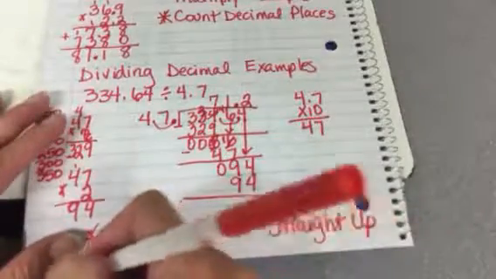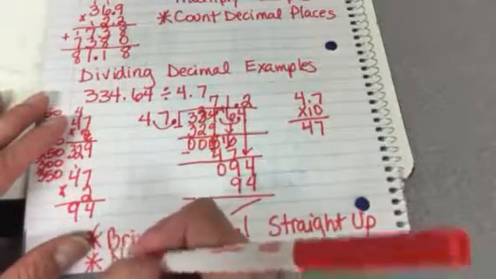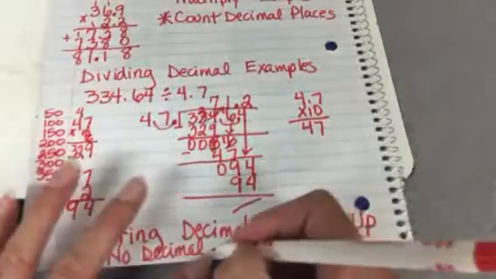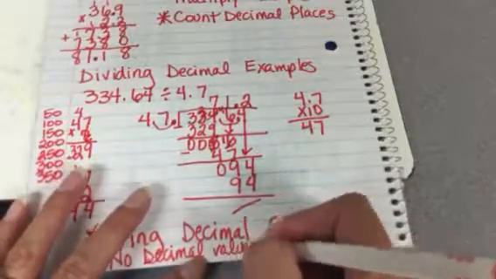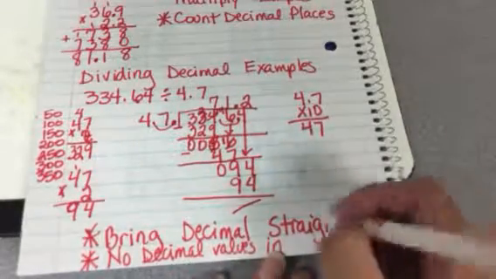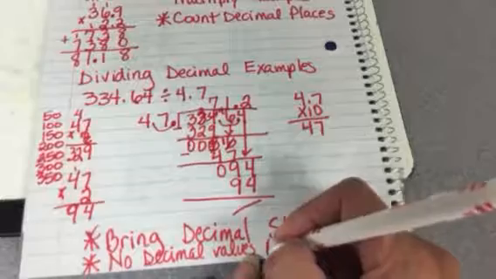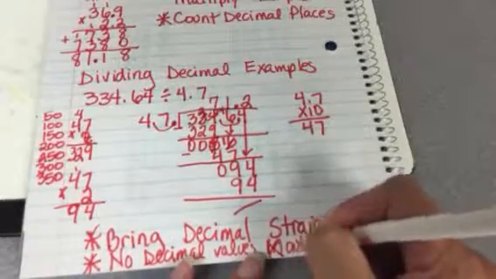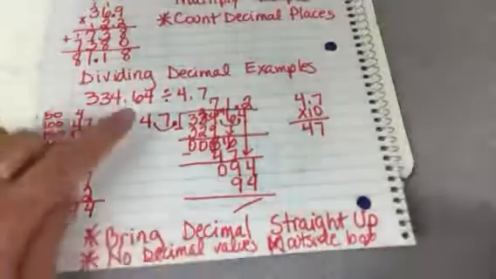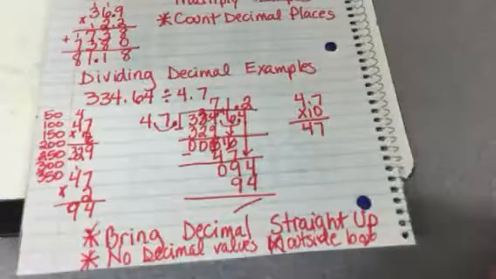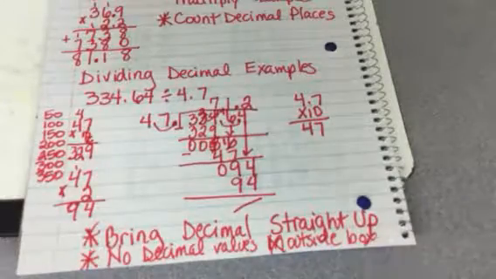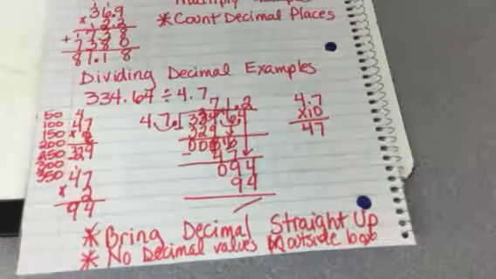Okay, and we also need to write a note that there are no decimal values in, let's say, outside the box. Okay, so the number that we're dividing by, there can be no decimal places there. We get rid of that by multiplying by 10. Okay, thank you very much. That's the last video for this week.